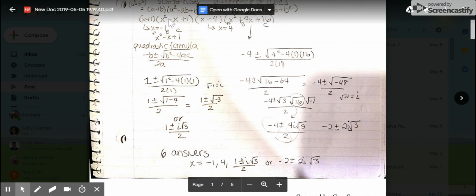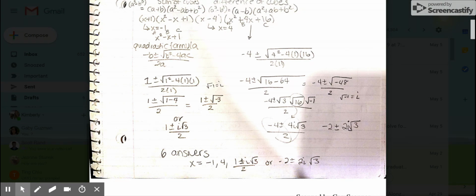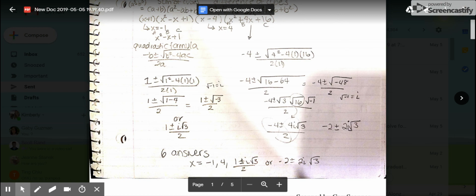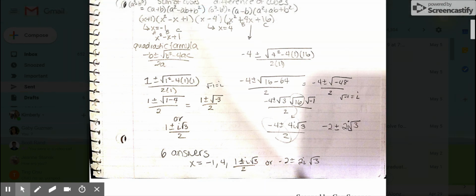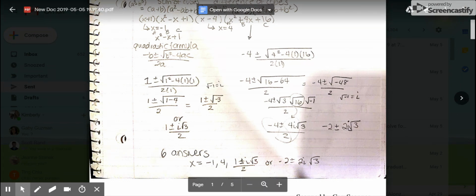I did the quadratic formula for this one here. You'll see that I got two answers that are imaginary. So I plug in for the quadratic formula 1, -1, and 1 for A, B, and C. We put in -1 for B, so opposite of B, plus or minus the square root of B squared minus 4AC, all over 2A is the quadratic formula.